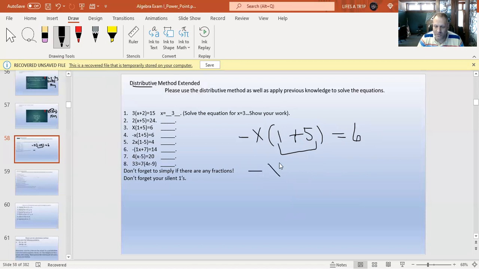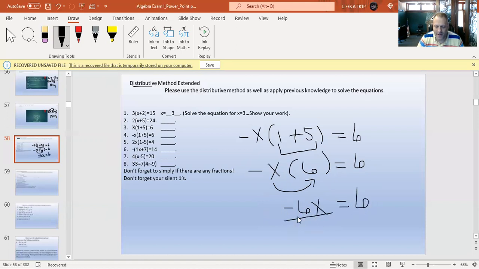So I'm just going to do this. Negative x times 6 is negative 6x equals 6.